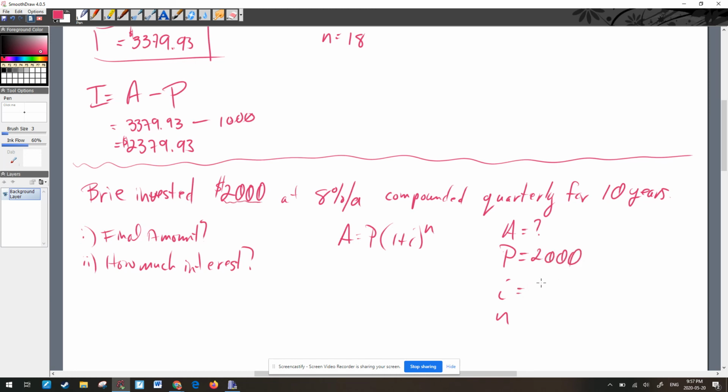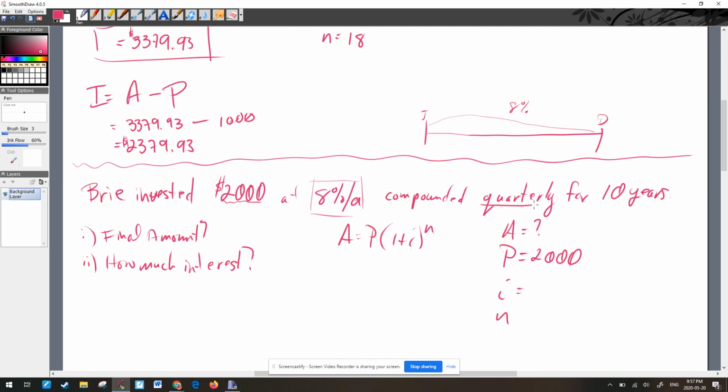This is where it gets a little bit more interesting. Now, interest is always quoted per year. Okay, so over the period of 1 year, so this is January and this is December, for 12 months, over that entire period, we earn 8%.